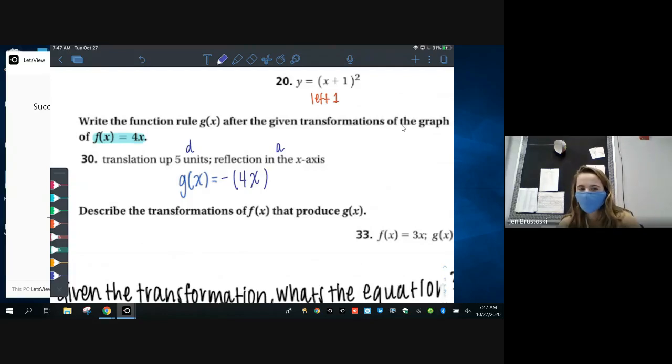And then g of x, if it's up 5 units, are we adding or subtracting 5? If we're going up, we're adding. You're good. That's okay. I wrote +d, not +5. So that's all it wanted for that one. It just wanted you to take the equation you already had and change it around so we have those transformations.